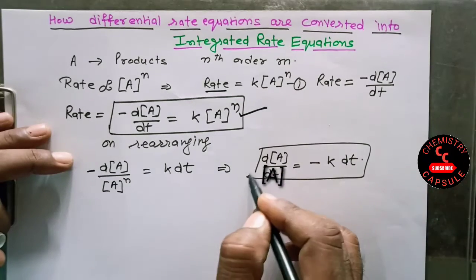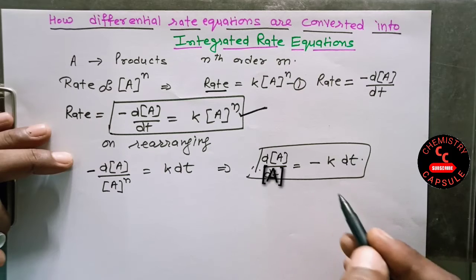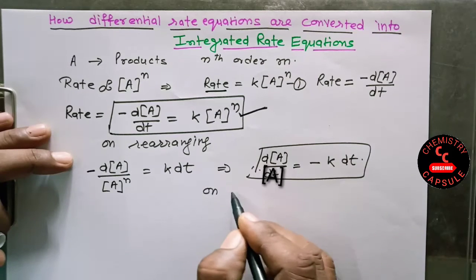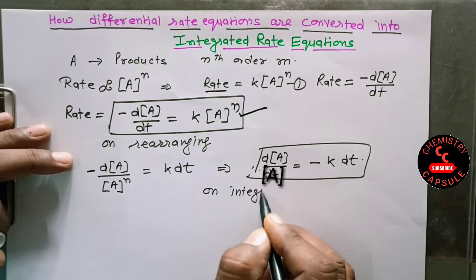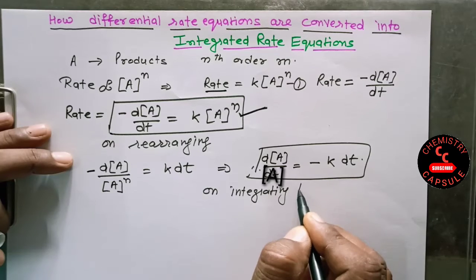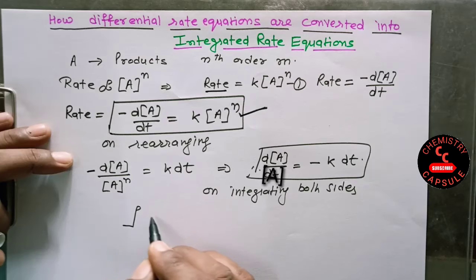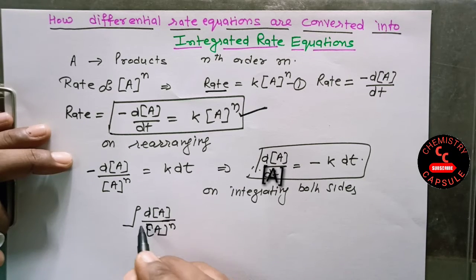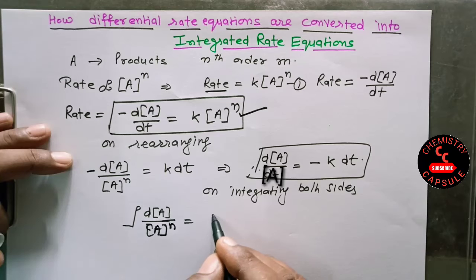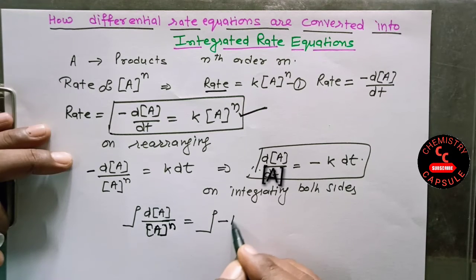Now we integrate this equation on both sides. So on integrating both sides we get integration of dA by molar concentration of reactant A raised to power n is equal to integration of minus k into dt.